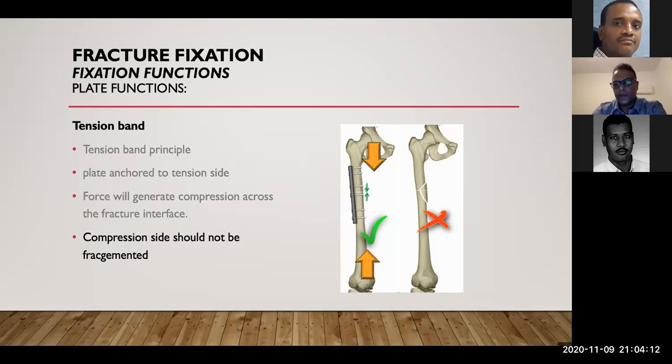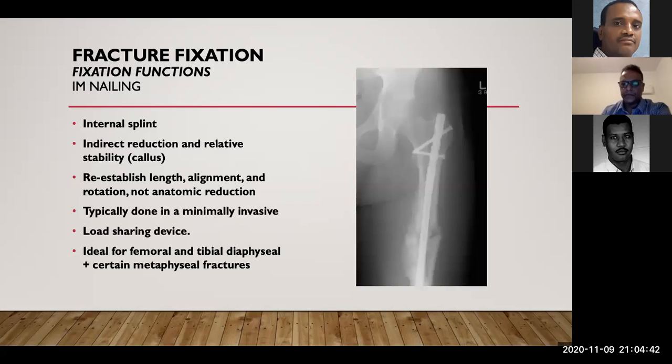If you use the plate on it, because of the force coming from the body through the neck and head of the femur, you get compression in the medial side of the femur and tension in the lateral side of the femur. If you use the plate on the lateral side of the femur, this will change the tension side to a compression side, and this will give you uniform compression all over the femur.